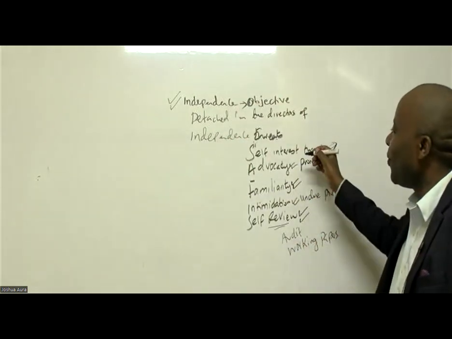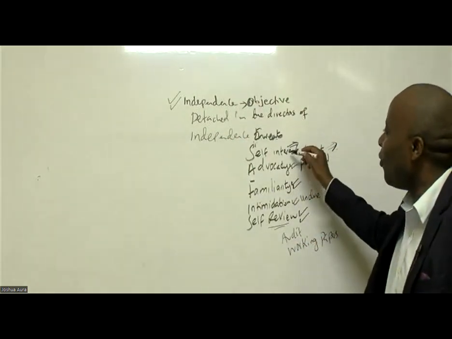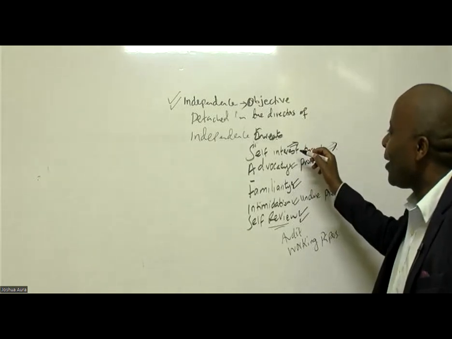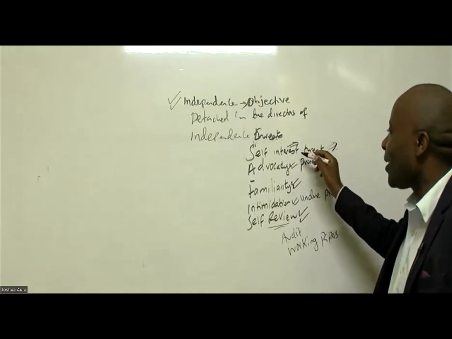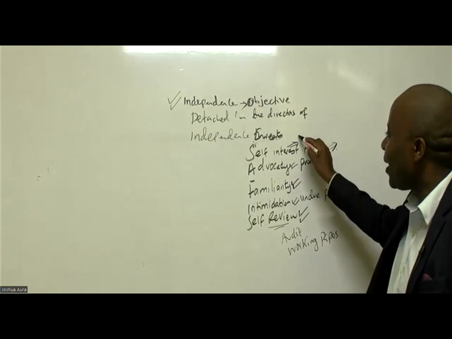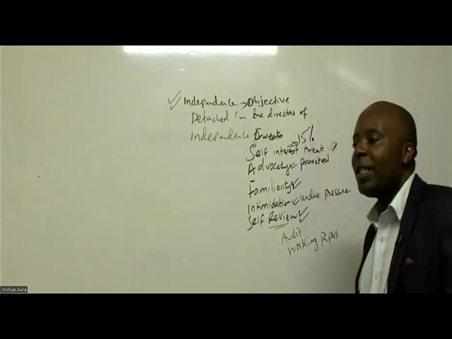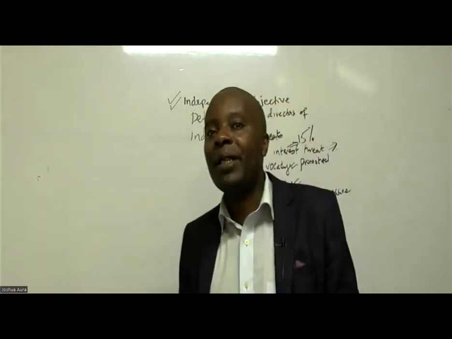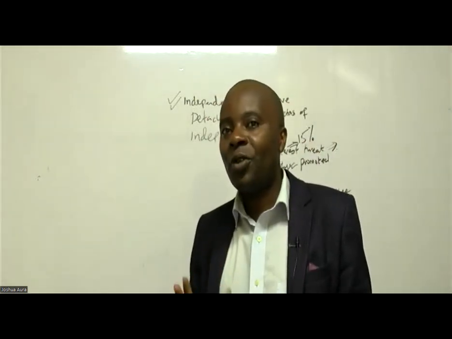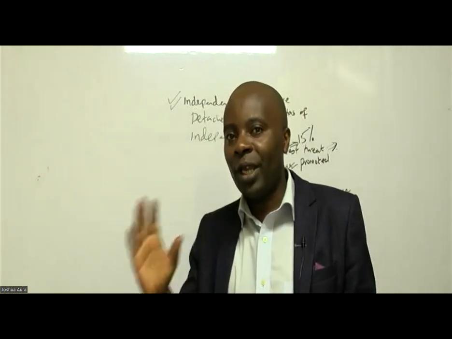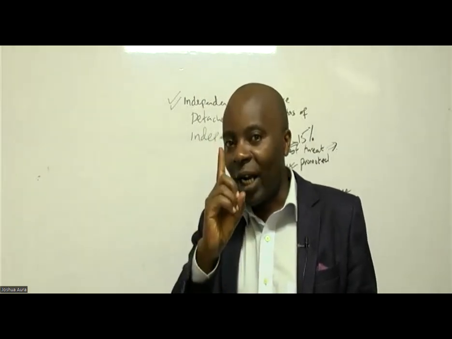I know you know about this concept of reliance on income from one client. That is why the law tells us that more than 15% of our income should never come from one client.